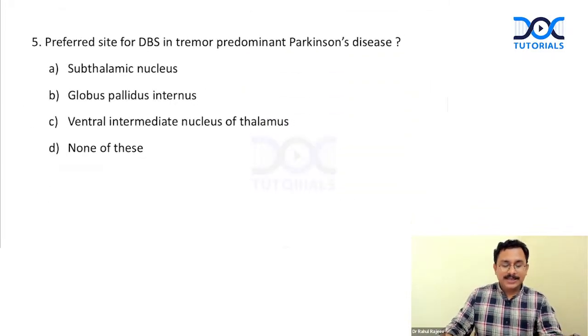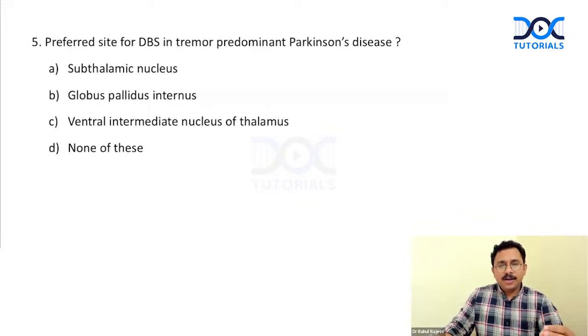The next question is the preferred site of DBS, that is deep brain stimulation, in tremor predominant Parkinson's disease is. Okay, so DBS or deep brain stimulation, you know, is the surgical treatment of patients with Parkinson's disease.